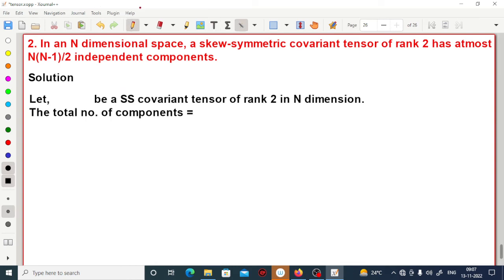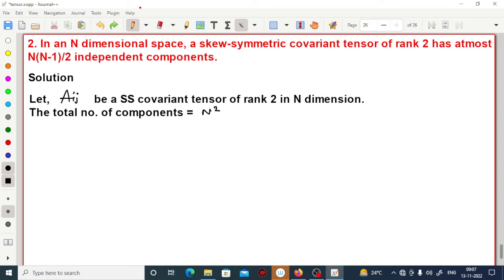So let me write those. I have Aij, and this one I understand, that is n square. Now I say that out of n square, how many independent components are there? This is given by this number. Now you should know that the components A12 and A21 together represent one component.